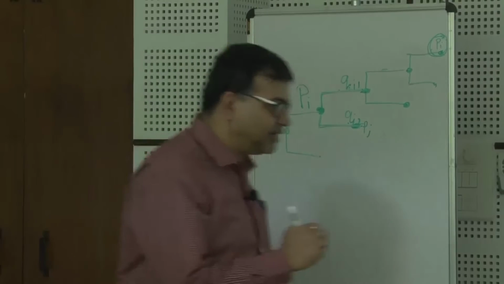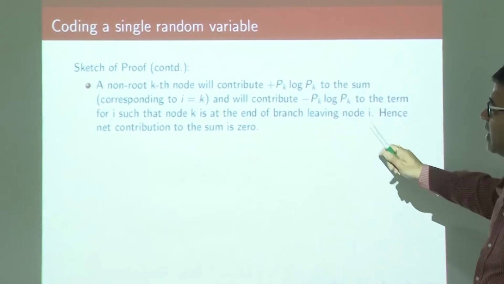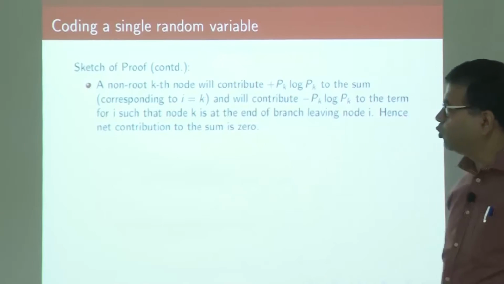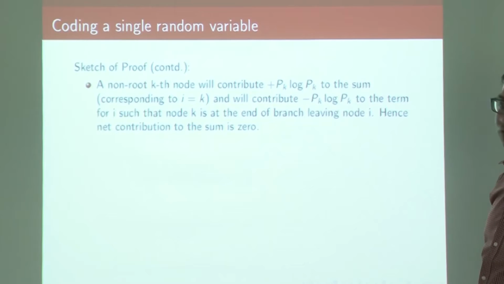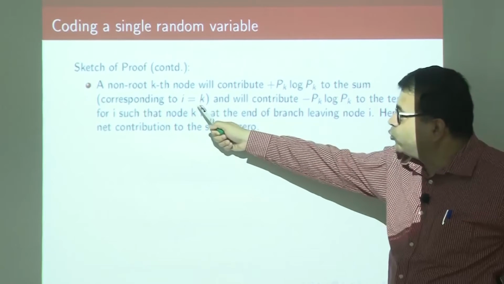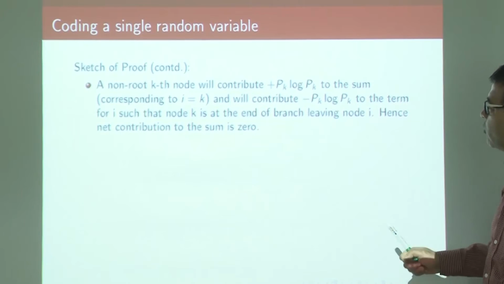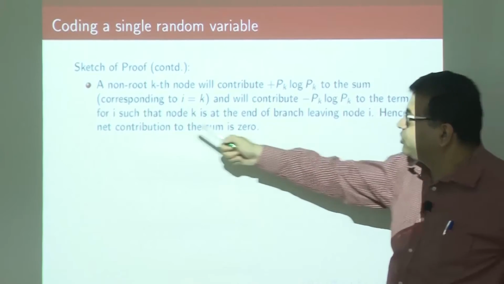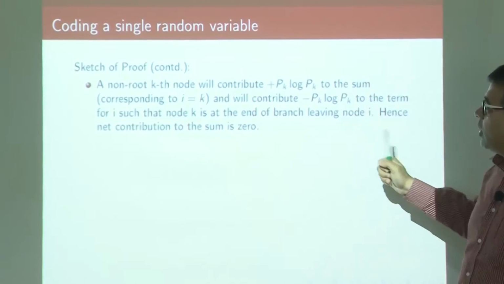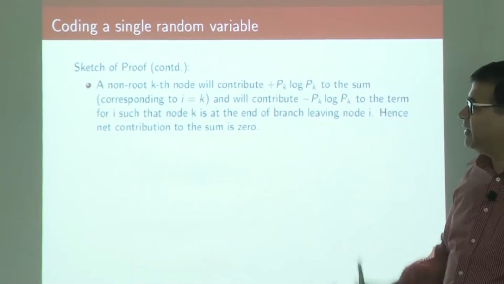So the claim I am making is as follows: a non-root kth node will contribute plus pk log pk to the sum corresponding to i equal to k, and it will contribute minus pk log pk to the sum for the term i such that node k is at the end of a branch leaving node i.